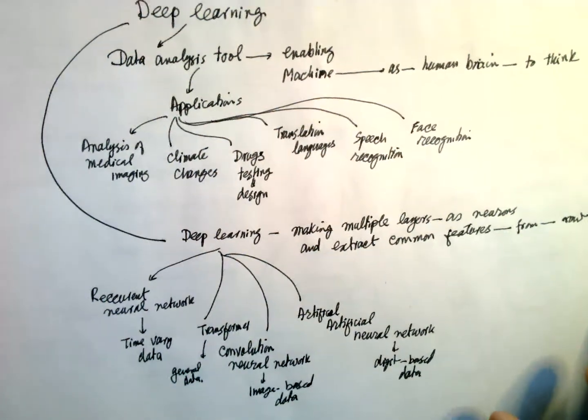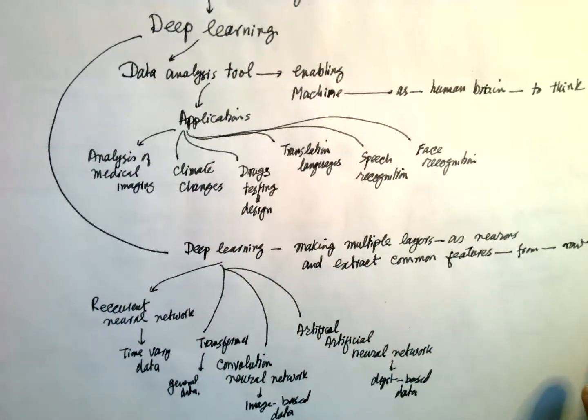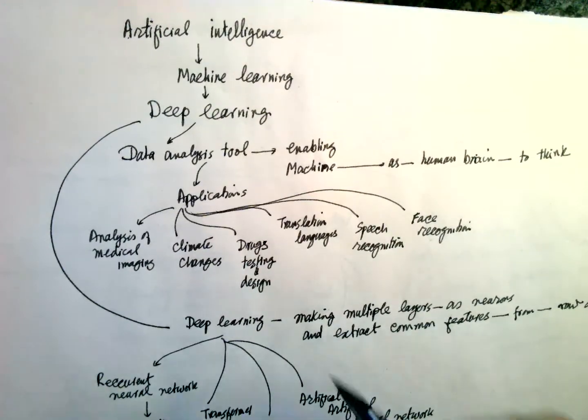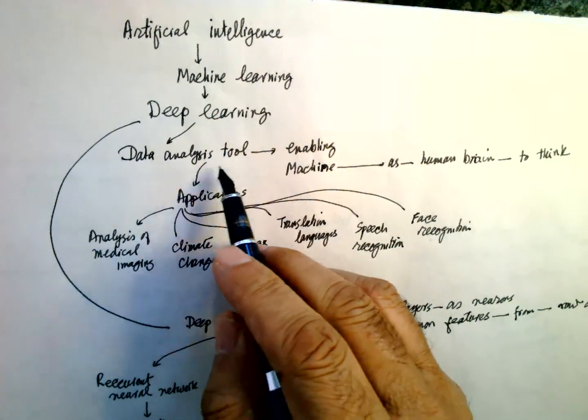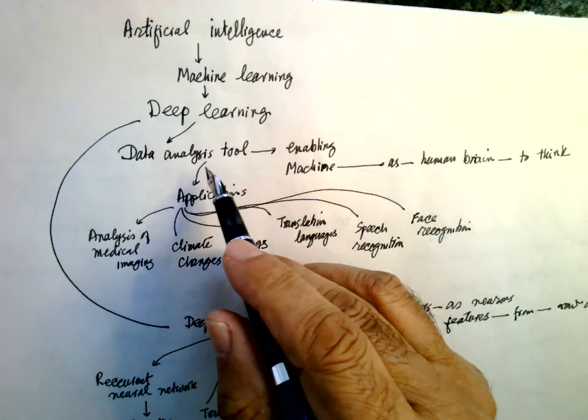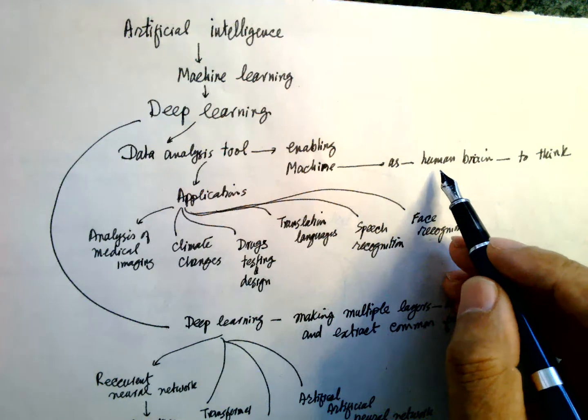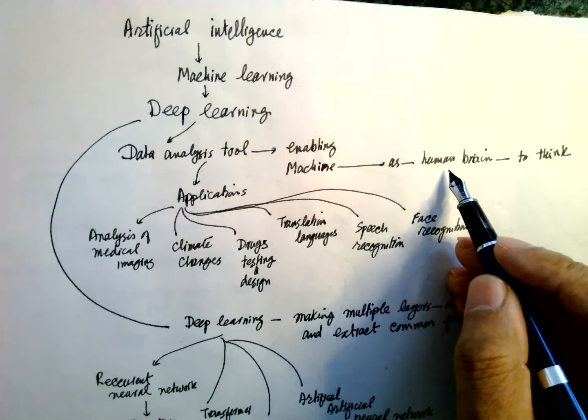So artificial intelligence, machine learning, and then deep learning, which is also part of machine learning. Data analysis is a tool which enables the machine to work like a human brain.